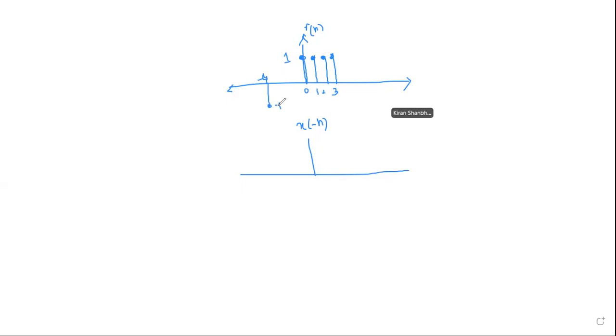So draw x of minus n in your notebook and describe how it looks. Describing signals in English means you say, at minus 3, 1, at minus 2, 1, and so on. Will somebody give a try? x of minus n.